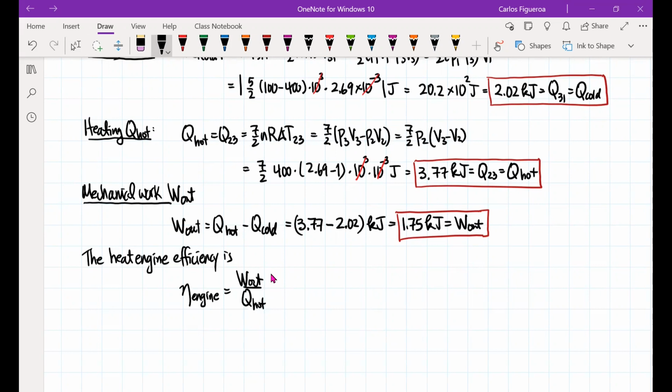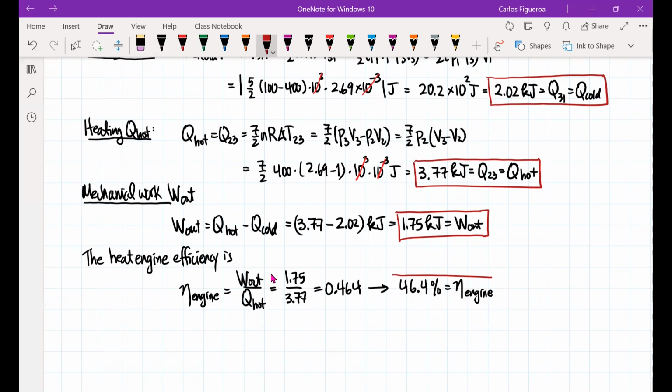I could have used 1 minus Q cold divided by Q hot, but if I do this here, this is going to be 1.75 kilojoules divided by 3.77. And if I compute this, I get 0.464, which then tells me that this is 46.4% efficiency for the engine.